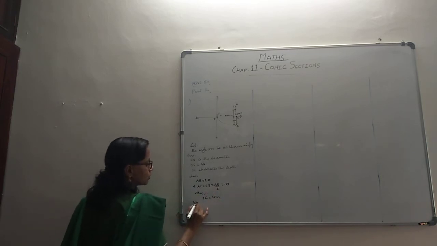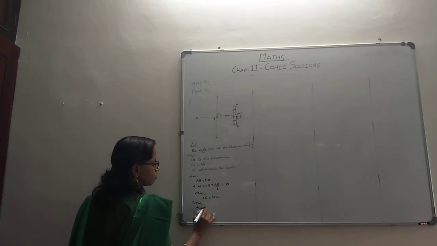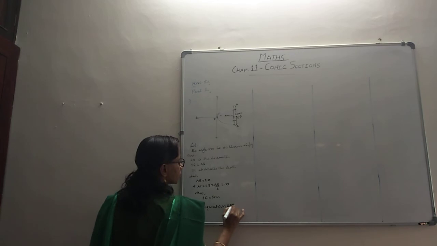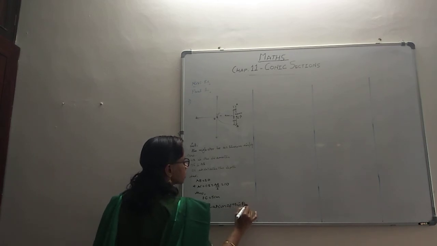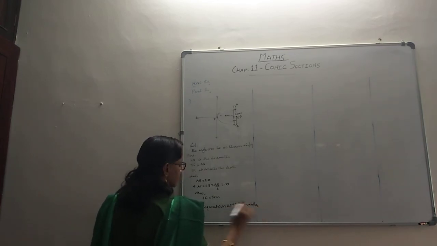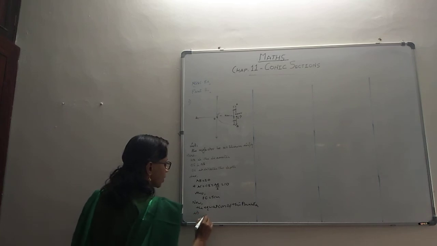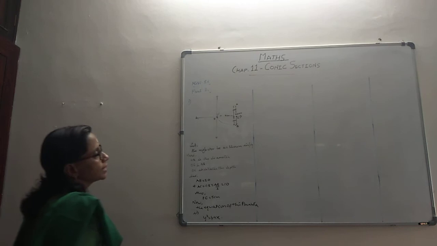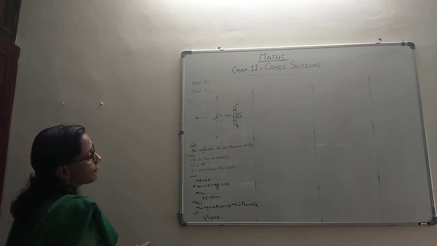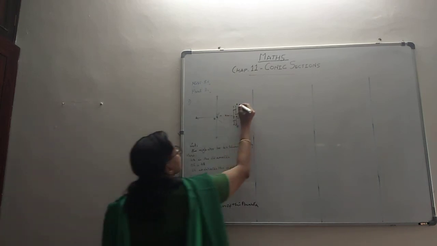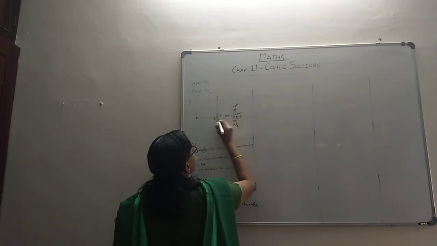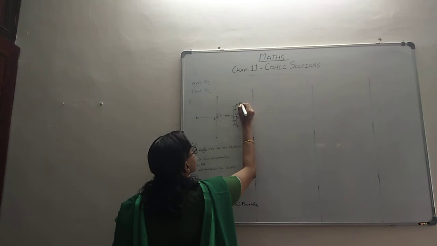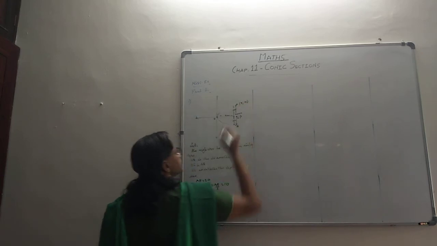Now, the equation of this parabola is y squared equal to 4ax. Point A is made up of this coordinate and this coordinate. So it's clear that point A is (5, 10).